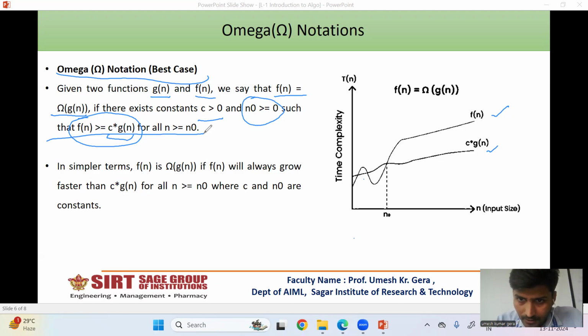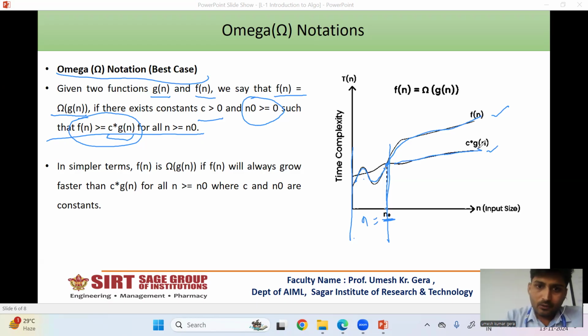Look at this diagram. It clearly shows that before n equals n naught, f(n) is sometimes greater than and sometimes less than g(n), but after the value n naught, we can clearly see that f(n) is always greater than c times g(n).